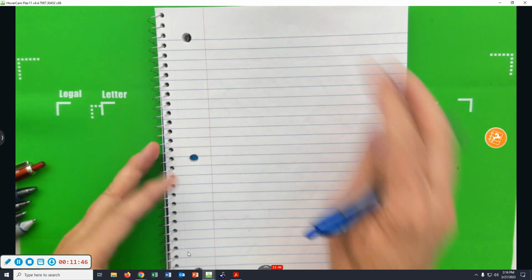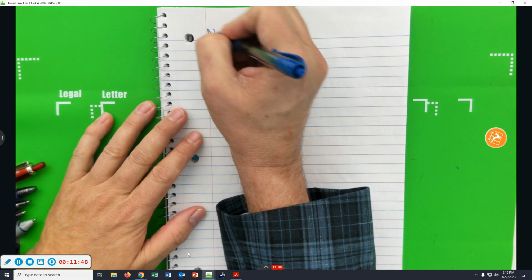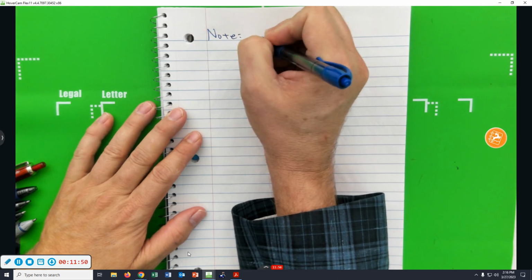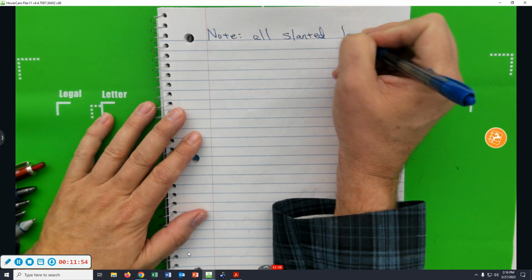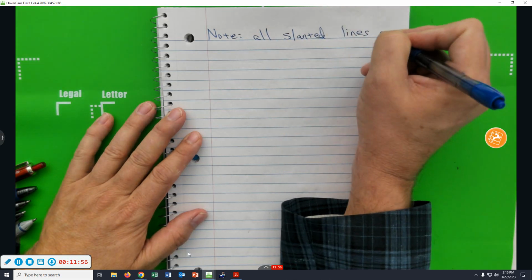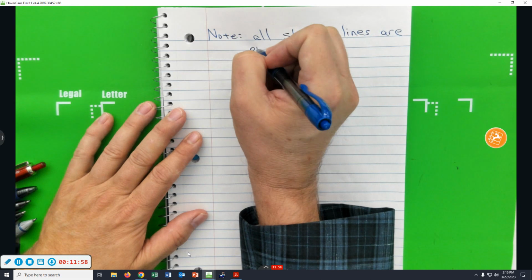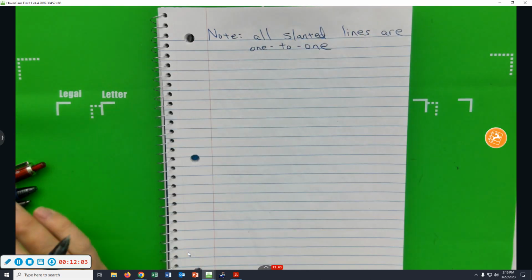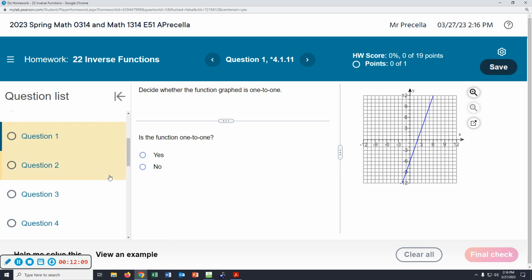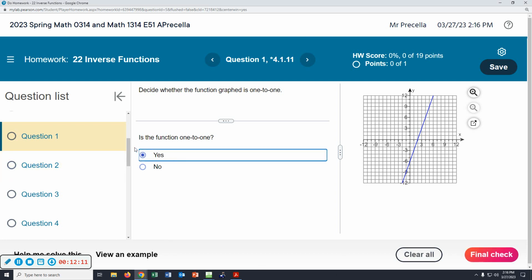I'll say note: all slanted lines are 1-to-1. So, better go back and answer that question. We said, yes, this is 1-to-1. Y'all agree? No horizontal line's going to hit it twice.